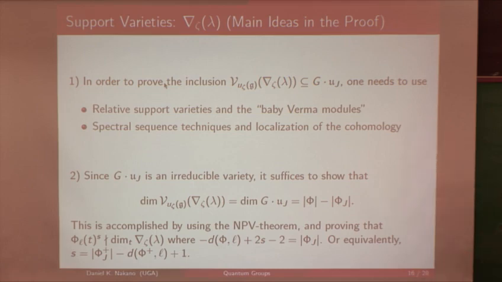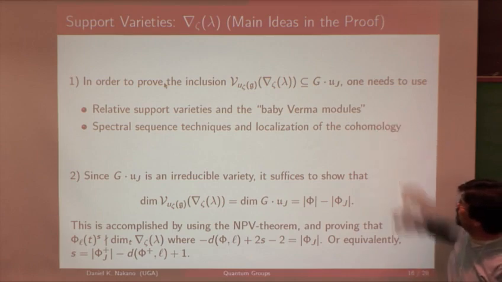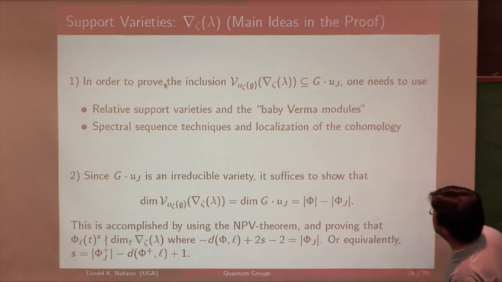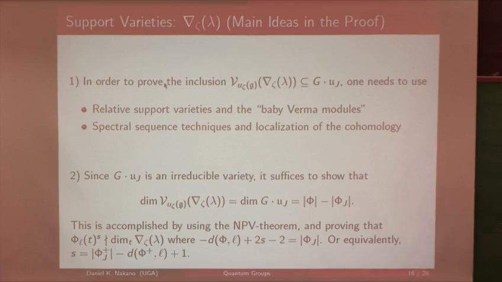So that helps to actually prove this inclusion. And then you also need sort of the theory of relative support and the representation theory, including baby Verma modules. So there's a lot that kind of goes into this, but I want to kind of press that under the rug. All right, what I want to concentrate on was the application of the graded dimension.